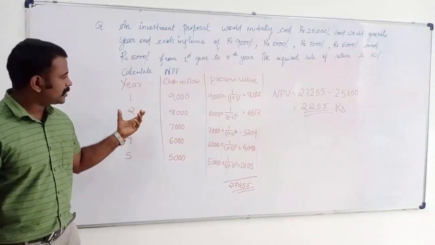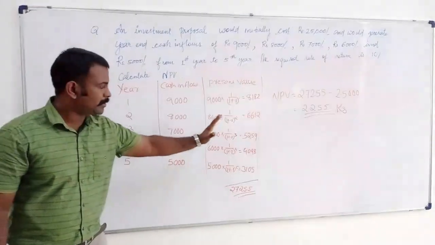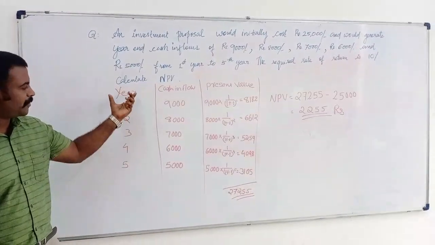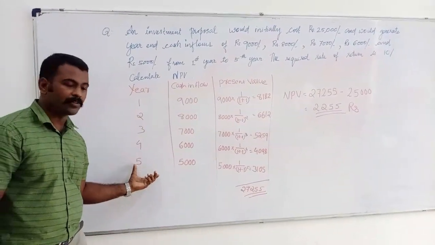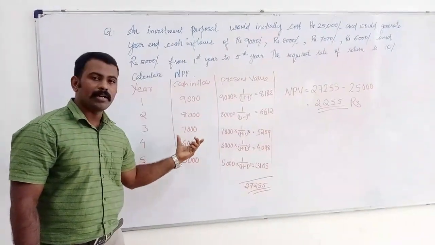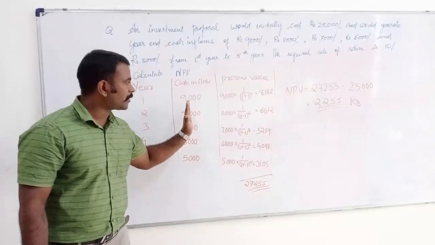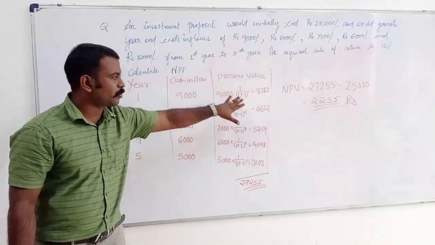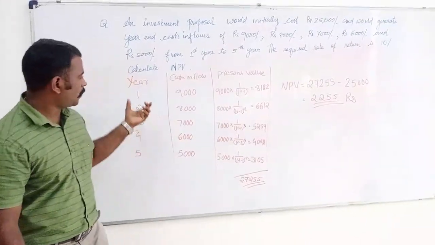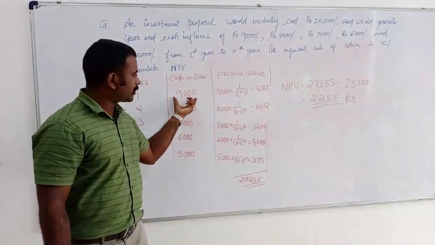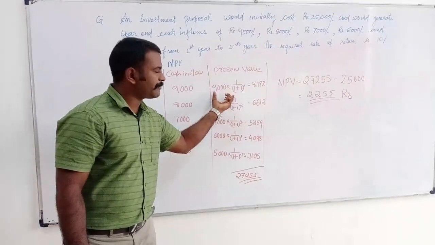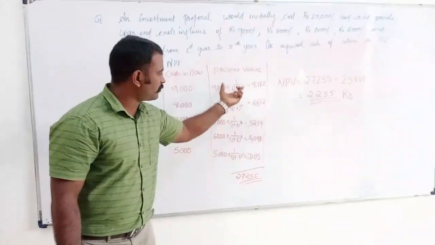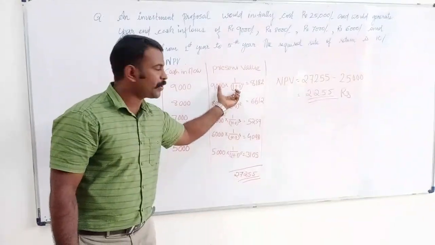So for an easy method, I draw a table here. In the first column I write year wise, and in the second column the corresponding cash inflows, and I calculated the present value of each year's cash inflow here. For the first year, the cash inflow is 9,000, and the present value I find through the equation 1 divided by (1 plus R) the whole raised to n.